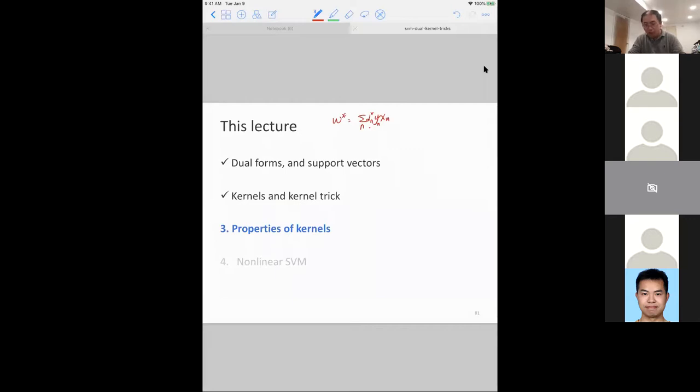If for a particular xn, the corresponding alpha n star is simply 0, it just means that xn won't have any effect on the optimal weight vector, right? So the final weight vector is only determined by a subset of training input vectors who have non-zero alpha n's. So those subsets of training inputs are called support vectors.